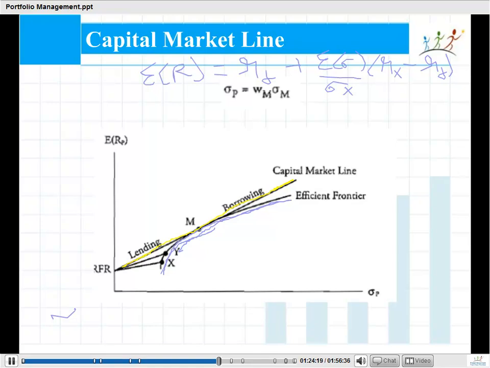Can you see that all portfolios along the yellow line give me a higher return for the same amount of risk than my efficient frontier? So all portfolios along the yellow line give me a higher return than the portfolios on the efficient frontier.